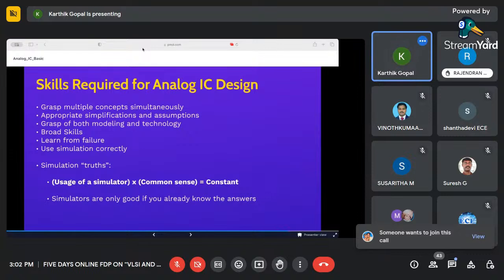Then, grasp of both modeling and technology. How to model a MOSFET, and you need to have broad skills. It is not only about circuit design, but many other skills you require for designing.